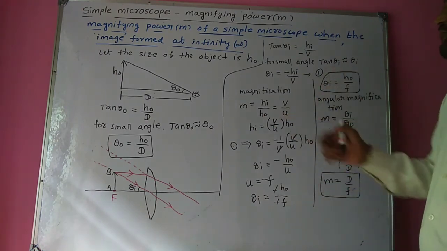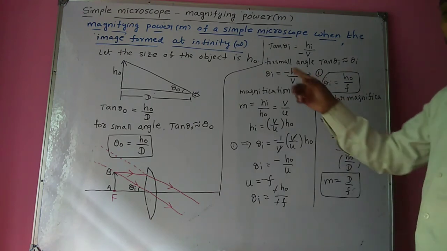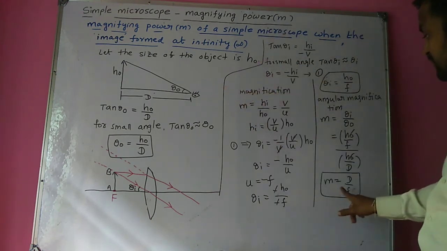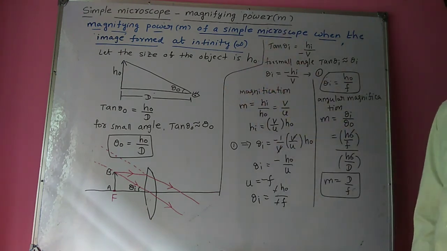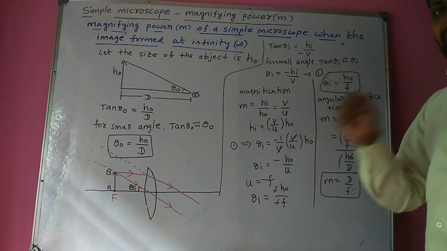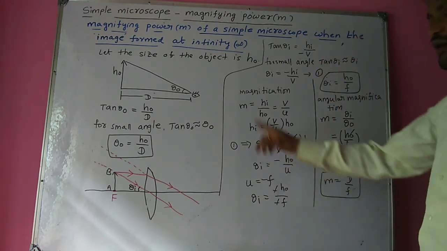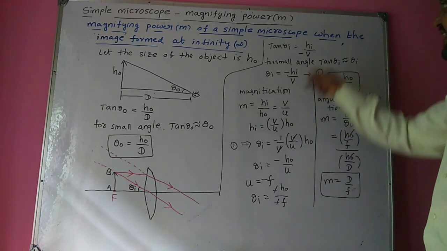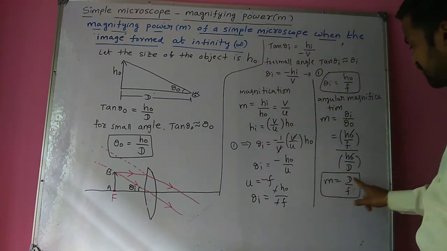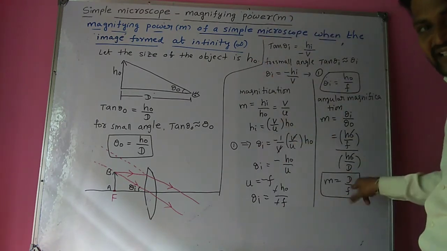The magnifying power when the image is formed at the near point is 1 plus D by F, as already discussed. When the image is formed at infinity, the magnification is D by F only. It is 1 less.